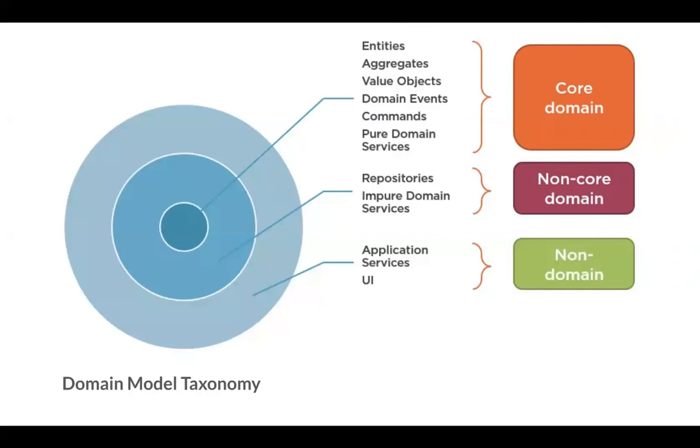Note again that persisting to a database, retrieving information from a database, is not part of the core domain. And the non-domain application services, logging, UI, controllers, all the plumbing that goes around that.